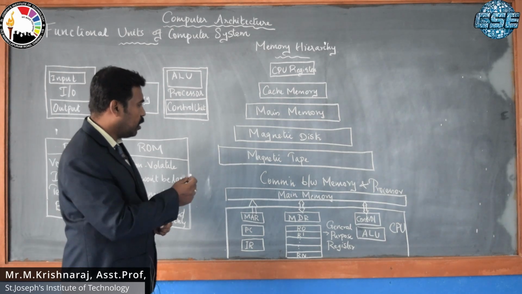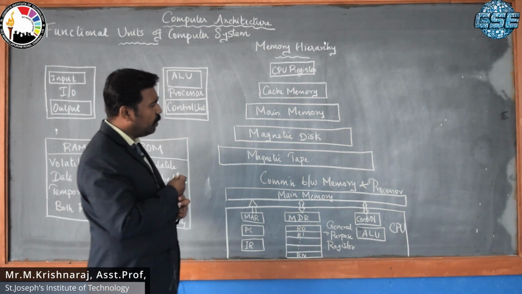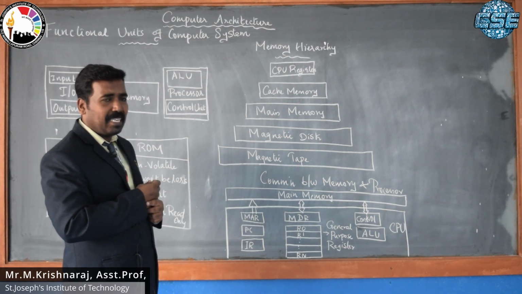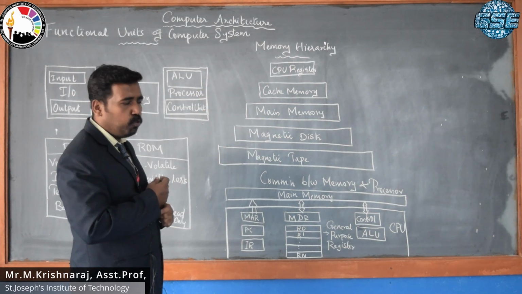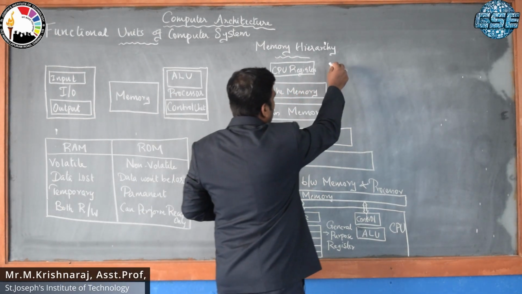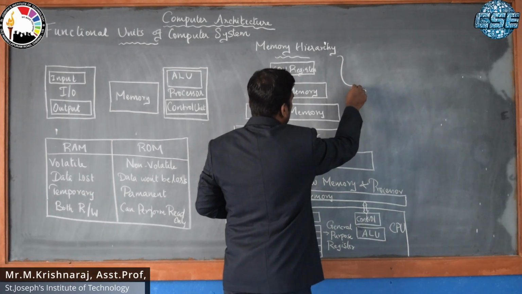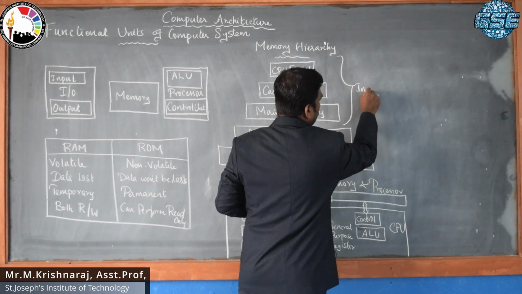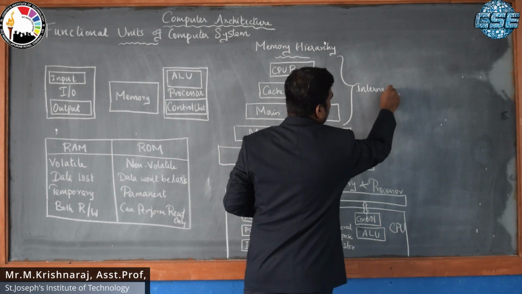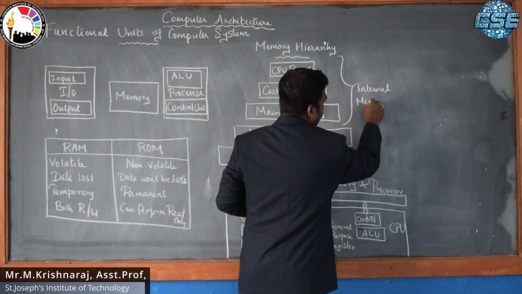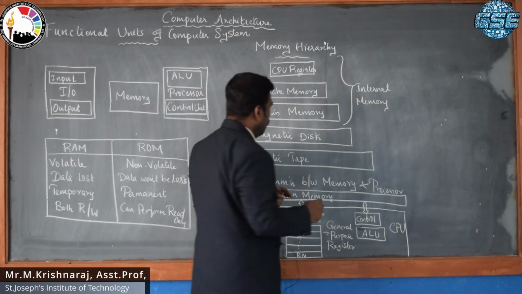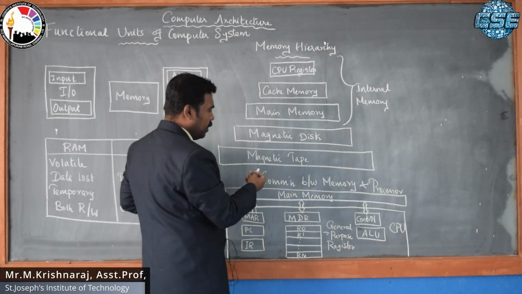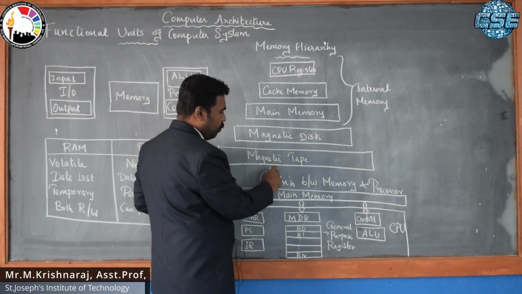When I talk about the hierarchy of memory, we can classify it into two main classifications. The first three, that is CPU registers, cache and main memory, are the internal memory.